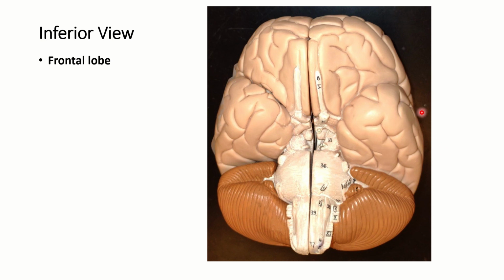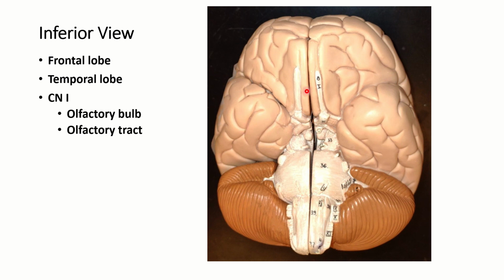In the inferior view, you can see the frontal lobes, each one is a frontal lobe. And this is the temporal lobe. And this is cranial nerve 1. For cranial nerve 1, the dendrites are all the way in the nasal cavity, and the fibers come here and synapse.